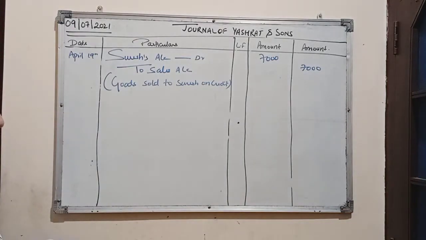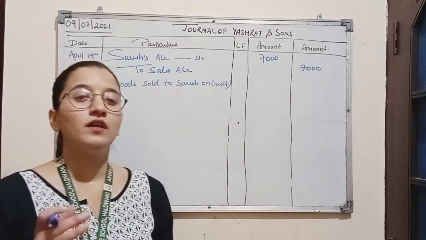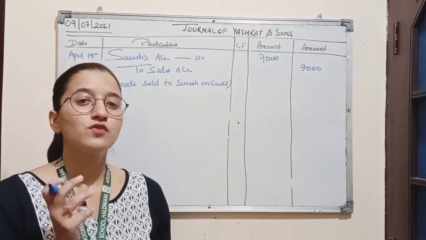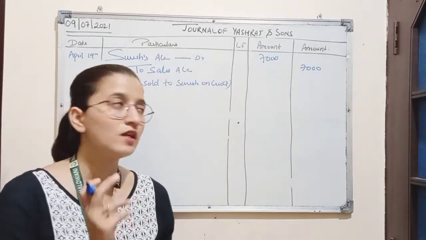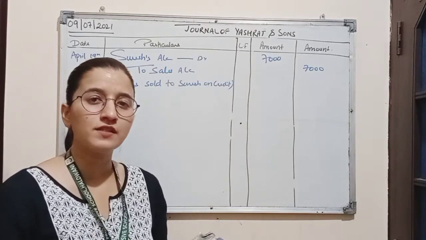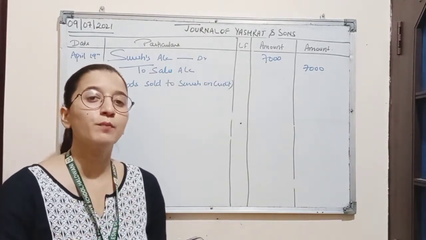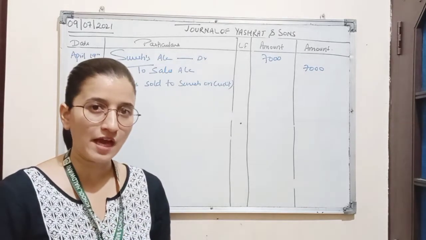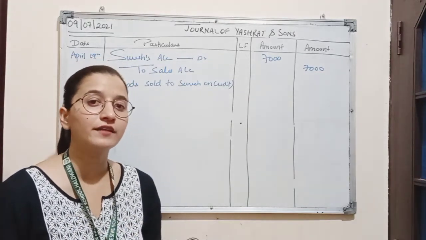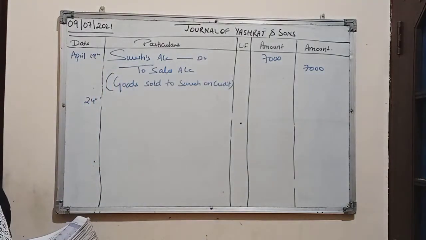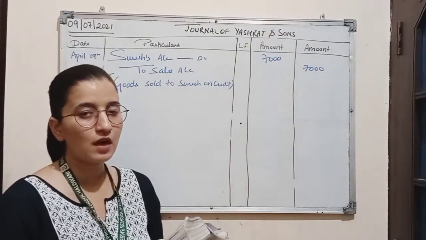So here, as we know, the amount of fund has been withdrawn from the business fund. So this is considered as drawing. So by withdrawing the funds from the business fund for the personal use, proprietor is receiving cash, and these funds are deducted from its capital account. So here, drawings account is considered as personal account.